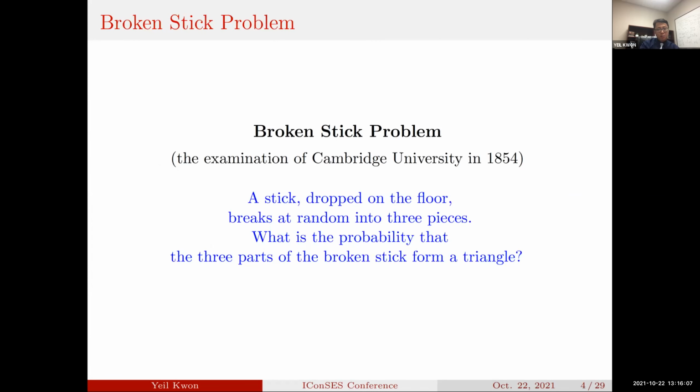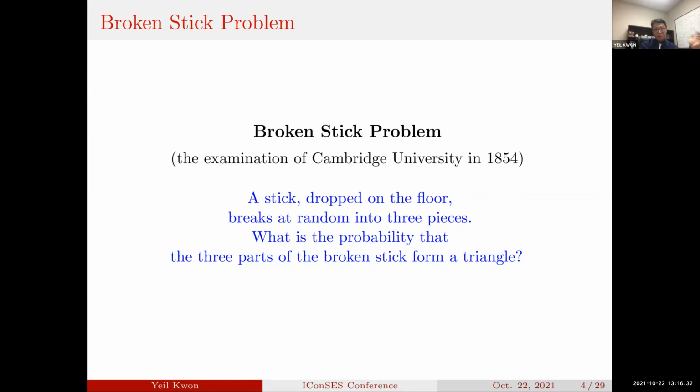The broken stick problem idea is very simple. We have a stick that is dropped on the floor and breaks at random into 3 pieces. Then what is the probability that these 3 parts of the broken stick form a triangle? If we have 1,000 sticks, we can drop them and count in how many cases we can make a triangle.